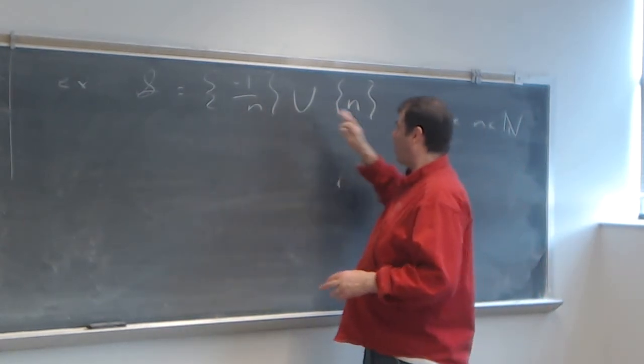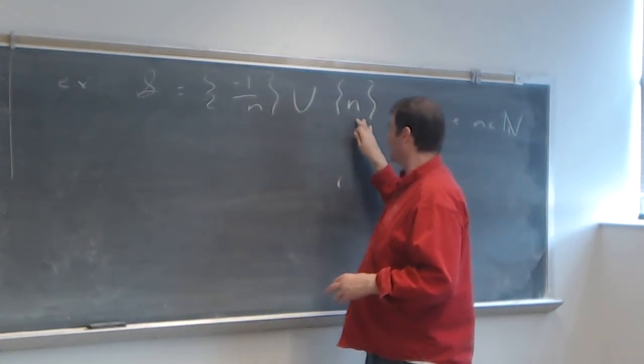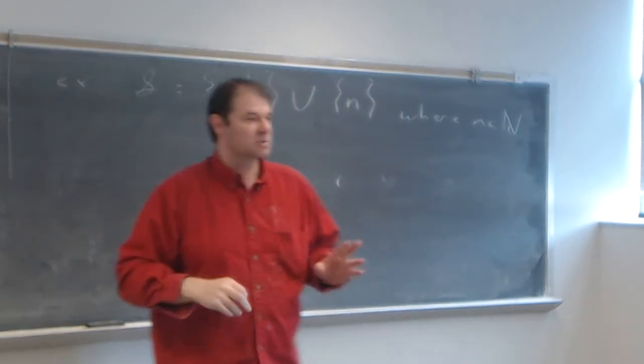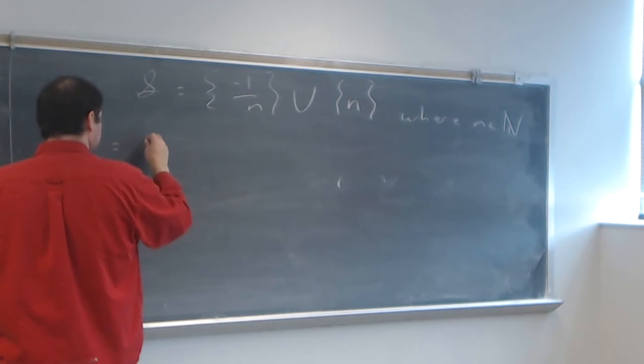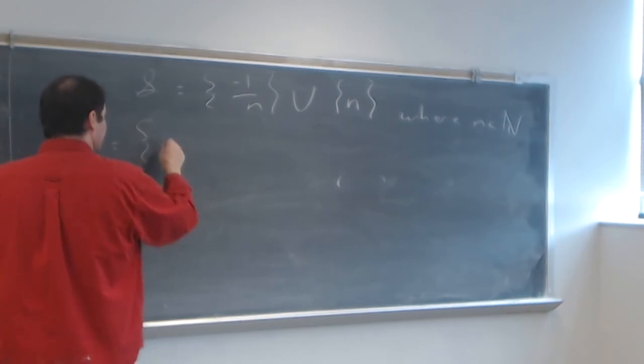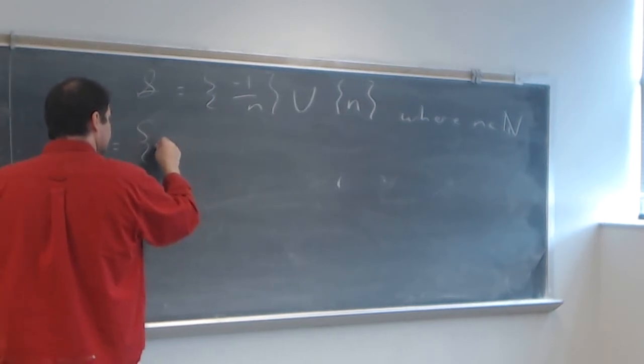Both of these types of numbers are sets. So I'm going to write down what S looks like. It looks like -1 over 1, which is -1.